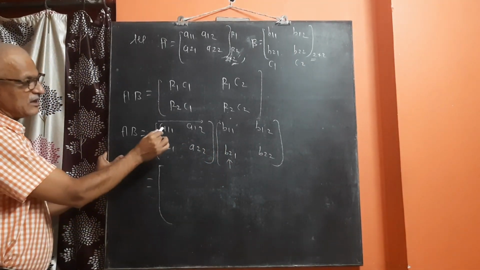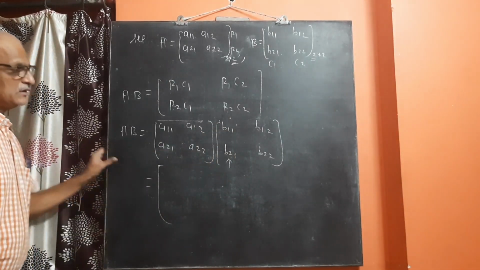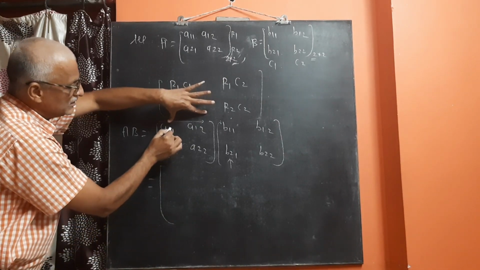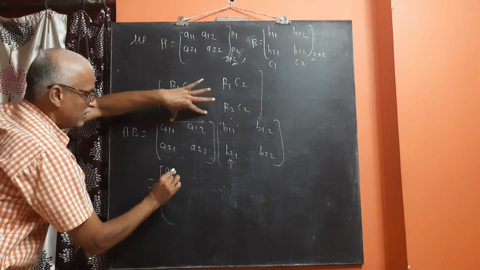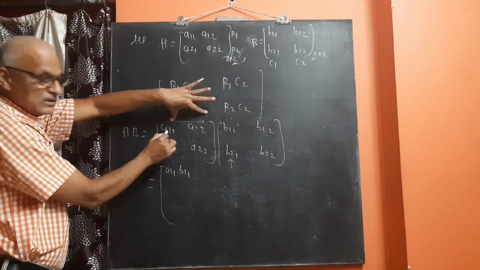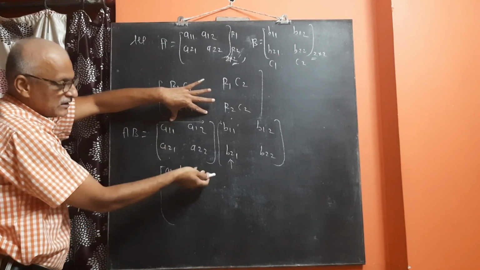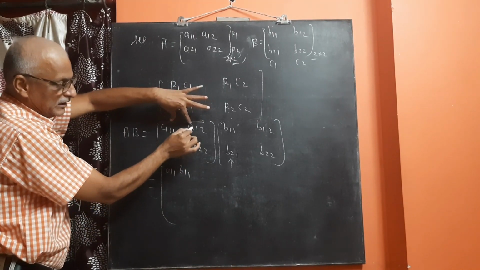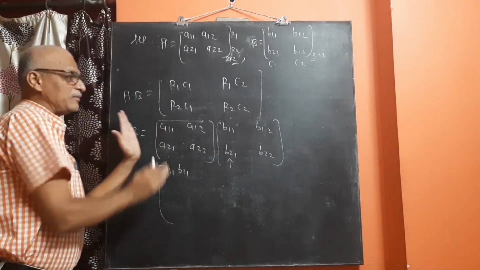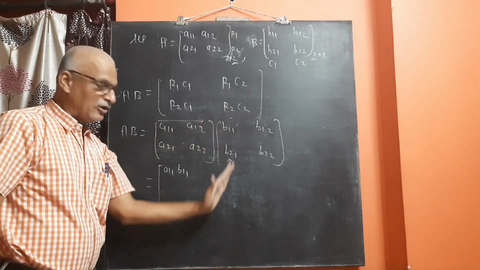Now the elements of the first row are A11, A12, and the elements of the first column are B11 and B21. So the multiplication is A11 this element into this element, that is A11 into B11. First element of first row into first element of first column. Then move on. The next element is A12. It is multiplied with B21. In this direction, the elements of the rows will go to the right side and the columns will go in the downward direction.